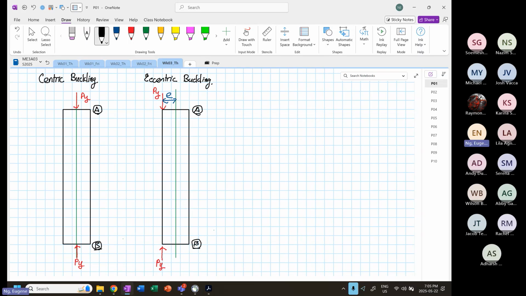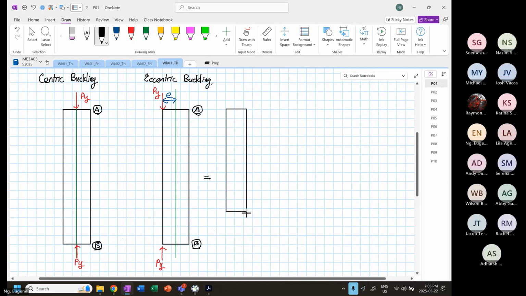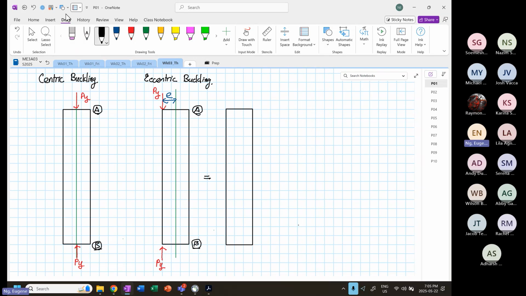So what we realize is that at point A, what we just have over here is also equal, so I'm going to again draw the same thing.